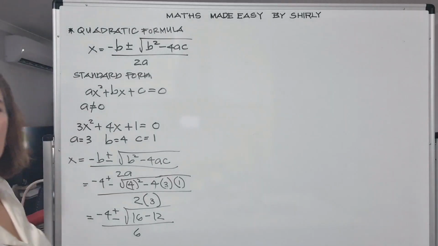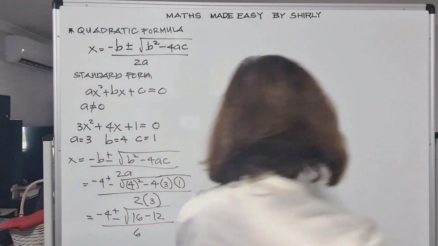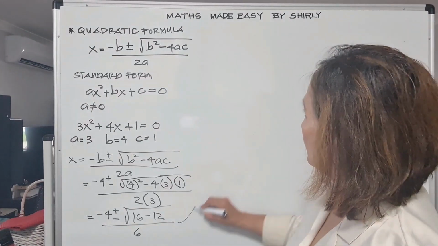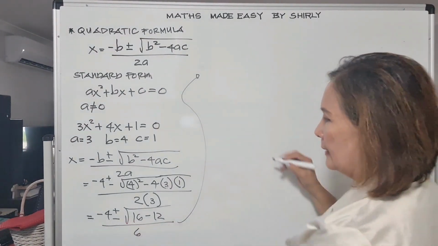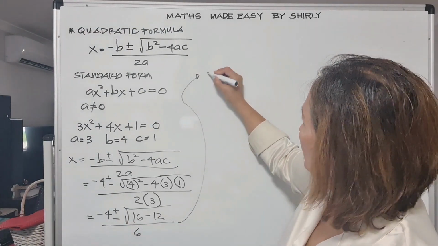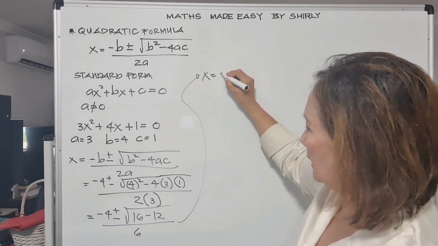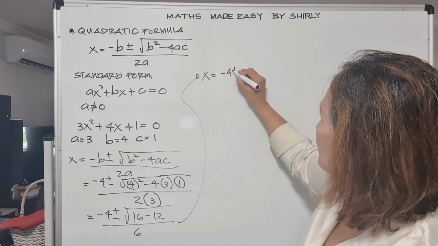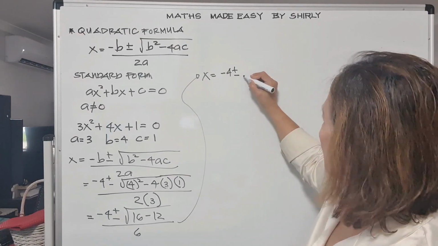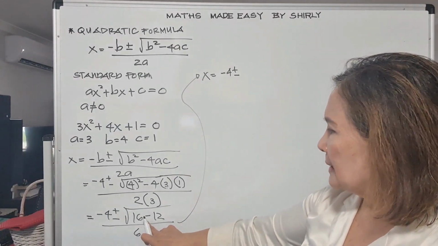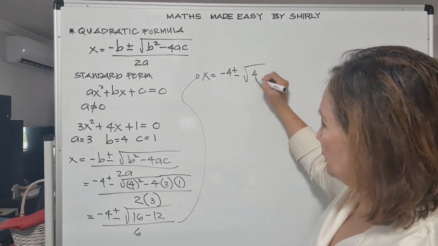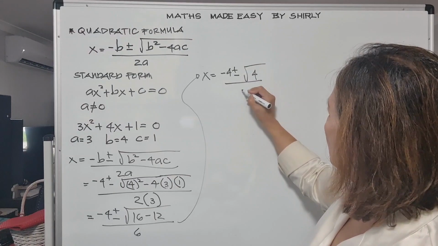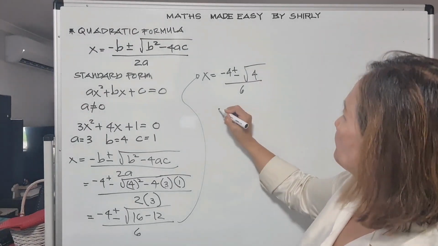Let us continue over here. So x again is negative 4 plus or minus the square root of 16 minus 12. That is the square root of 4, all over 6.